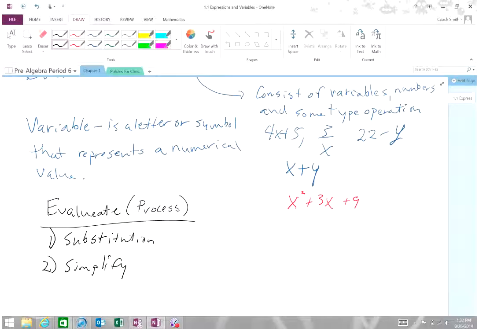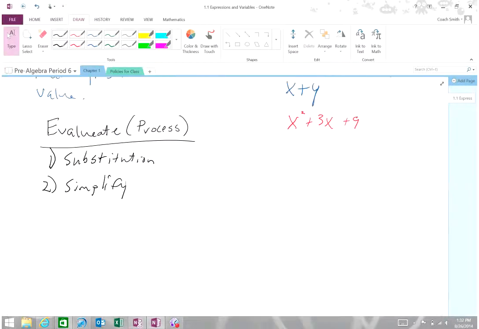Okay, now, let me give you an example of that. Let's say I have the variable expression a plus b, where a is equal to 2 and b is equal to 4. Okay, so we have the variable expression a plus b.